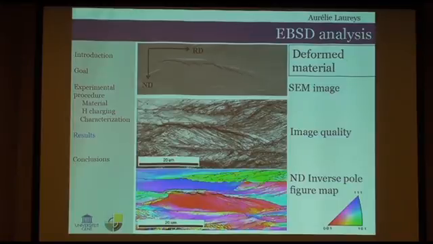So these slip lines are high dislocation planes, and since dislocations trap hydrogen, these specific lines are more embrittled, and the crack will propagate more easily through these slip lines.